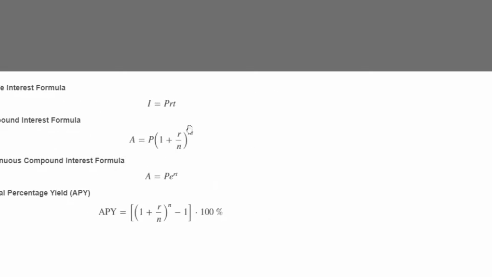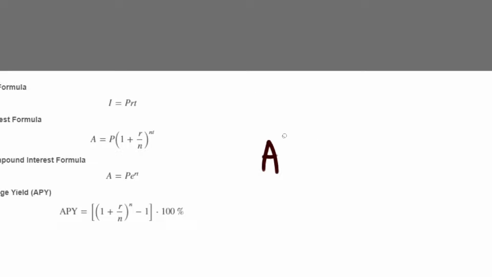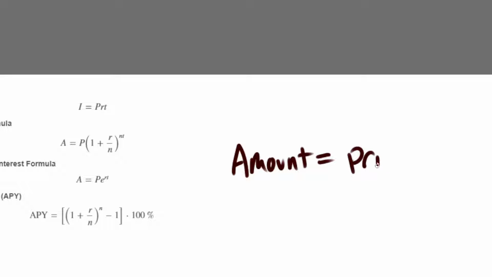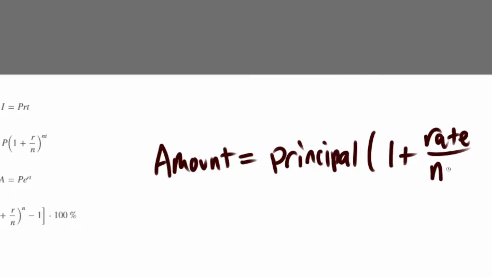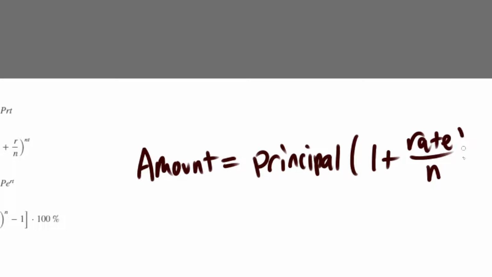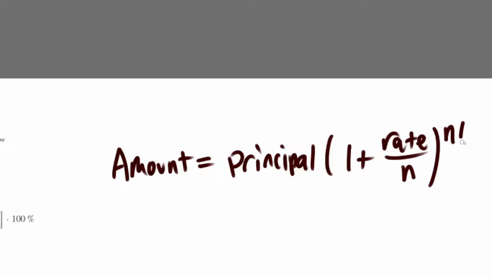Now there's the compound interest formula, which is our amount. Whoops, I forgot the U. Equals our principal, which, as we said before, is the starting amount, times 1 plus our rate over, I believe it is how many times it compounds, which we represent with an n, and I'll get into that in a second, to the n times t power.